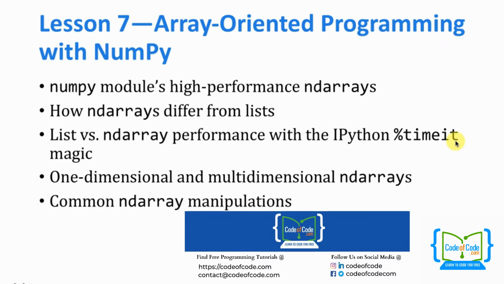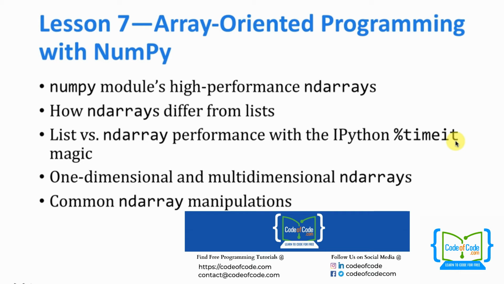The most important thing that we're going to see in this lesson is a bunch of common ND array manipulations. One of the things you'll see is that a lot of those manipulations can be applied to every element of an ND array at the same time.